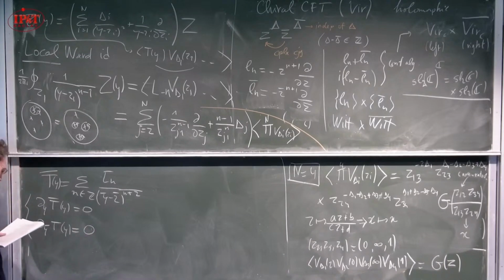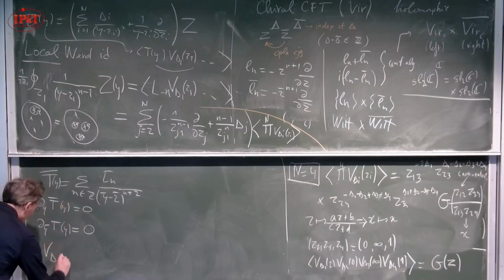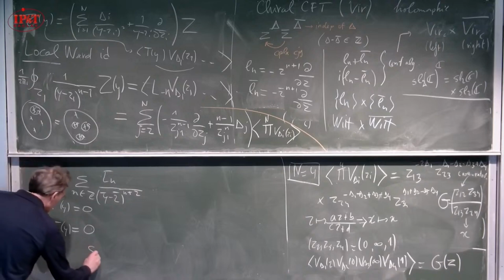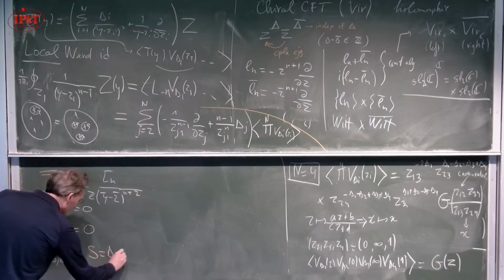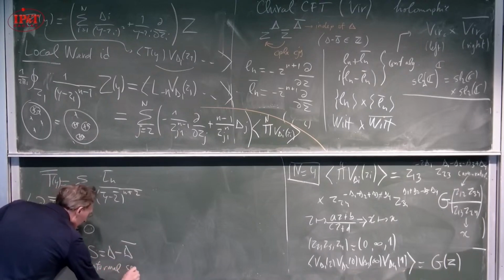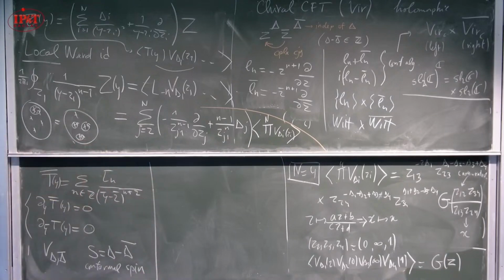And now a field has a left and right conformal dimension. So a primary field, V with delta and delta bar: the left conformal dimension, the right conformal dimension, and the conformal spin is defined as the difference of the two dimensions. Okay, so what happens to correlation functions now?